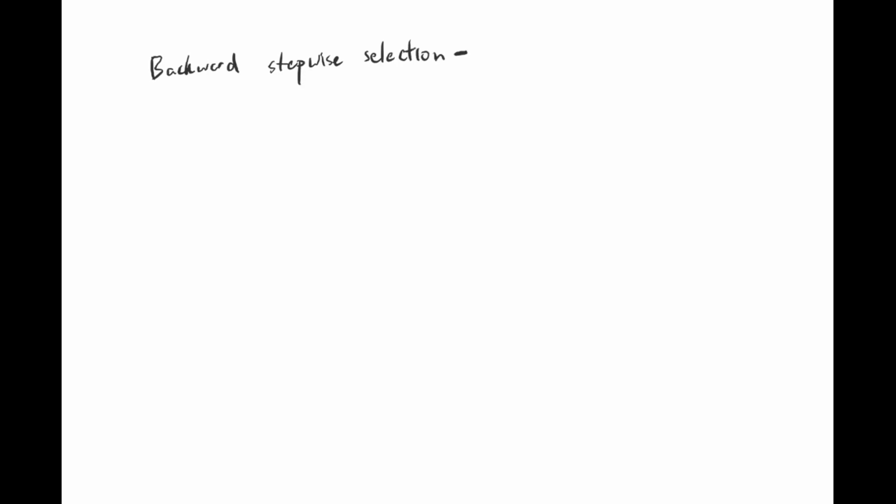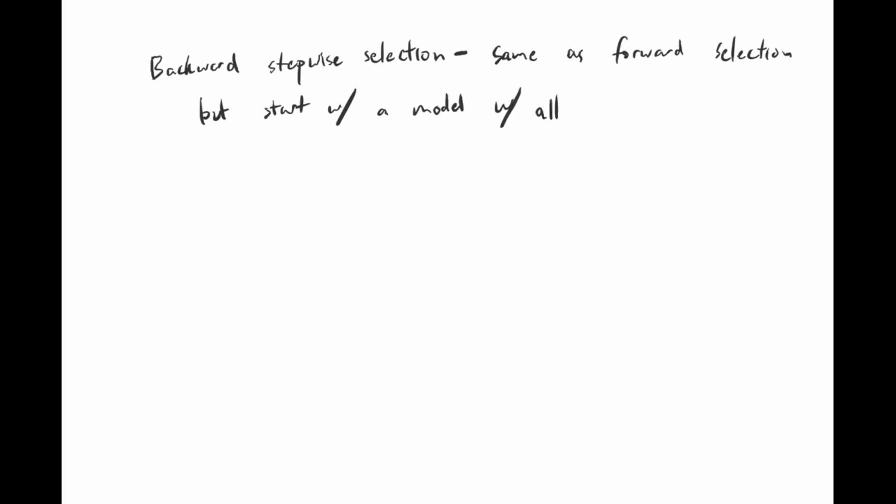The other one that I mentioned is backward stepwise selection. This is the same as forward selection, but you start with a model with all predictors and remove one at a time instead of adding.